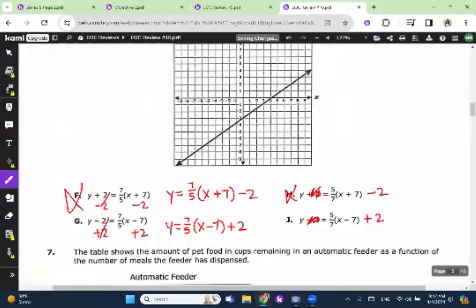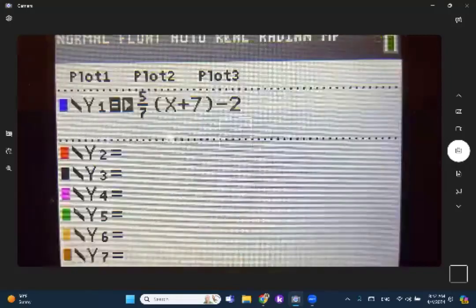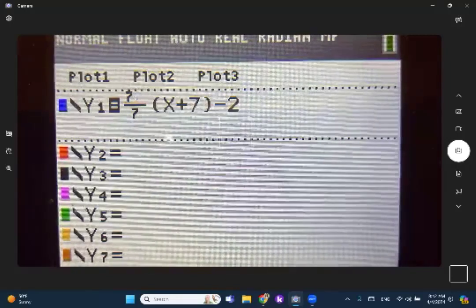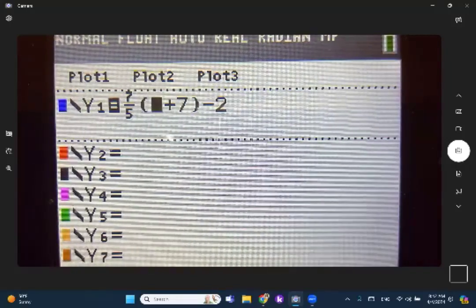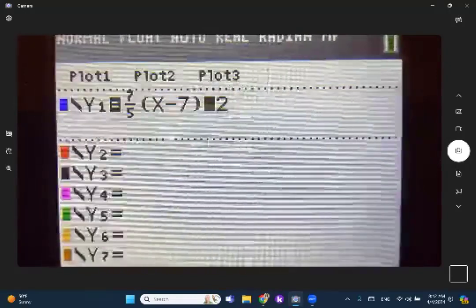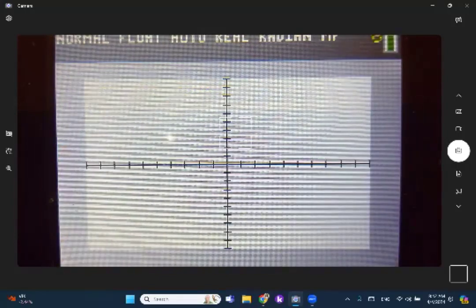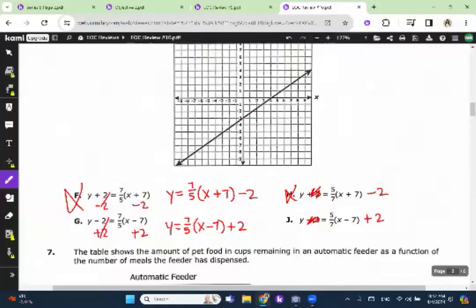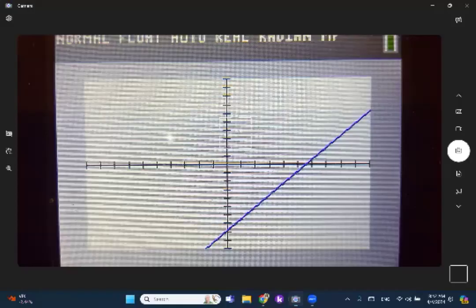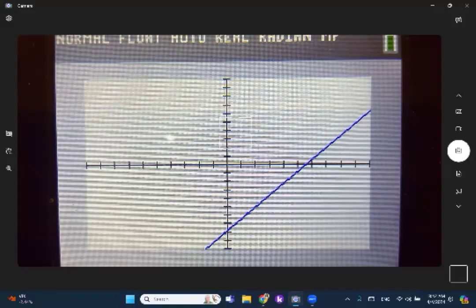Now let's try G. 7/5 x -7. And that one is +2. Are you doing G or J? I'm still doing G. This is G. G crosses at the bottom, but you can tell on the graph on the paper that it crosses at -3. And in my calculator, -3 is way up here.